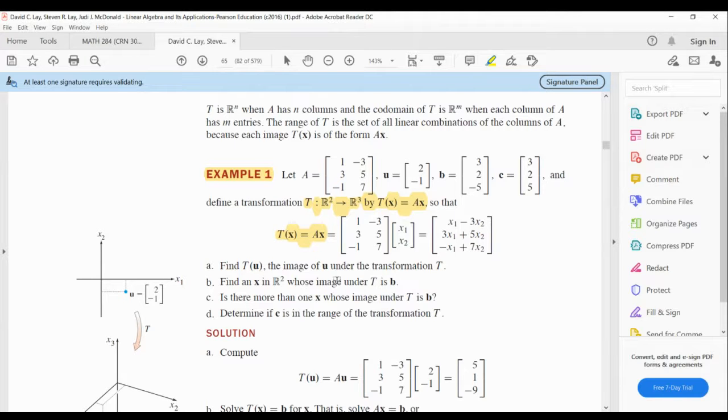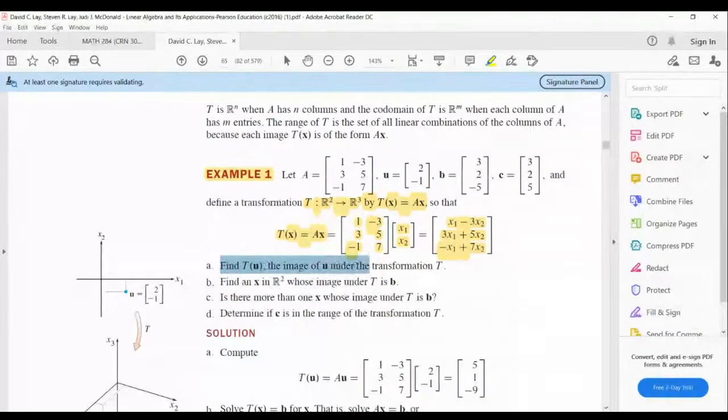You take the vector x and transform it by taking the matrix A times the vector x. You're taking a 3x2 matrix and multiplying it by a 2x1 vector, which becomes a 3x1 vector.